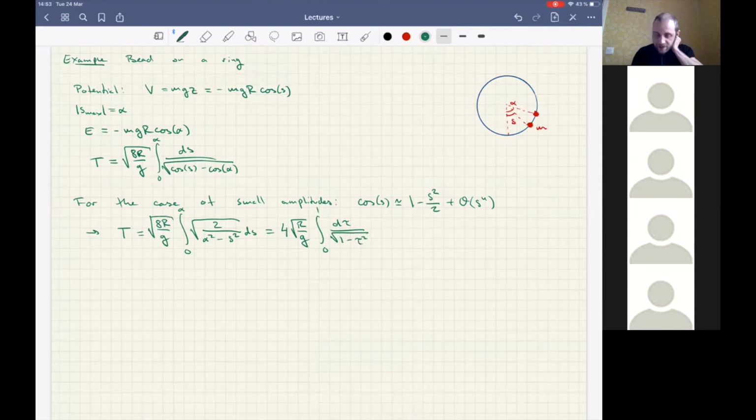Now, this is an integral that you can actually perform using some trigonometric substitution. What you end up with is 2 pi times the square root of r divided by g. You might recognize this as the small angle approximation, essentially the harmonic oscillator approximation of the period of the pendulum.